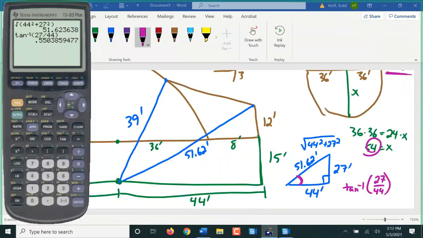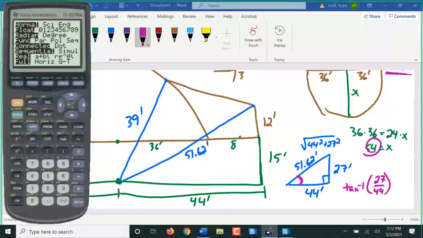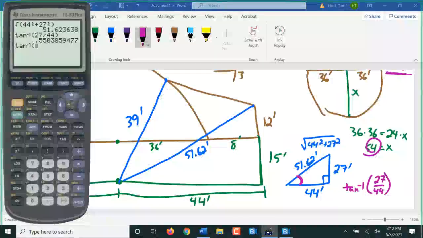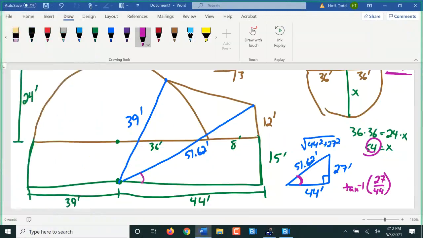Giving us, well, those are not correct. 31.53 sounds right. So this is 31.53 degrees. Now this is a right angle down here. That means this angle up here... we have found all of the sides of that triangle and all the angles of that triangle.